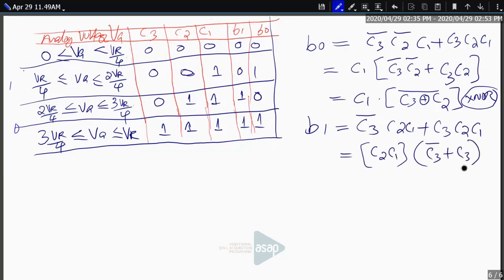That means C3, C2, C1 combination, which can be further simplified by keeping C1 outside, and C3 bar, C2 bar, or C3, C2.